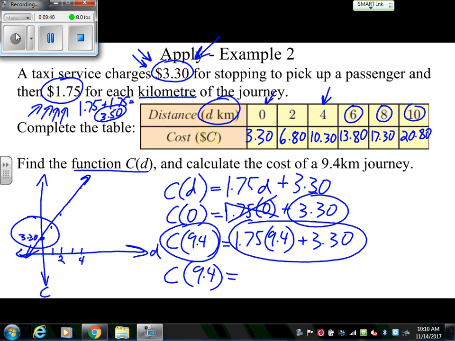I'm just going to punch it in to calculate 1.75 times 9.4 plus 3.3. And I end up with a final cost of $19.75. So that's the cost of traveling 9.4 kilometers. So my input, my distance traveled 9.4 kilometers, and my output, my cost, $19.75.